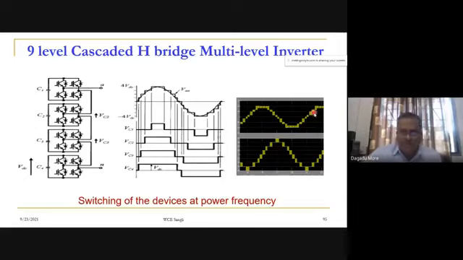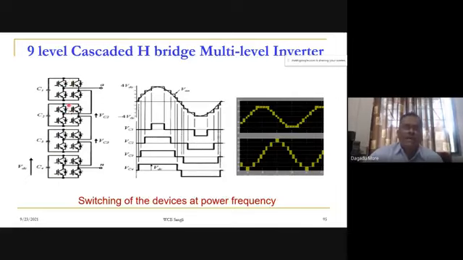So here we go for another technique, where we can get a better quality waveform while operating the devices at a lower switching frequency. This is the case we have considered here.